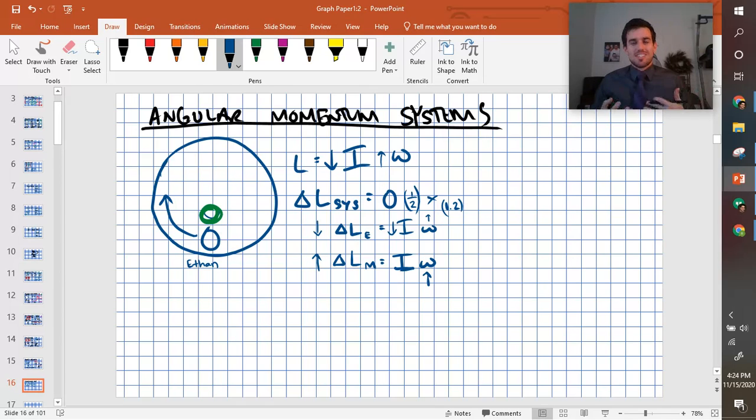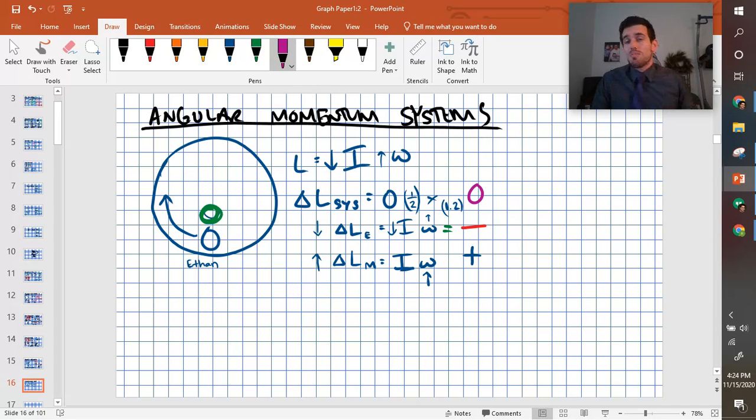So within this system, we can see a negative change in Ethan's angular momentum, a positive change in the merry-go-round's angular momentum, and a zero net change in the entire system.